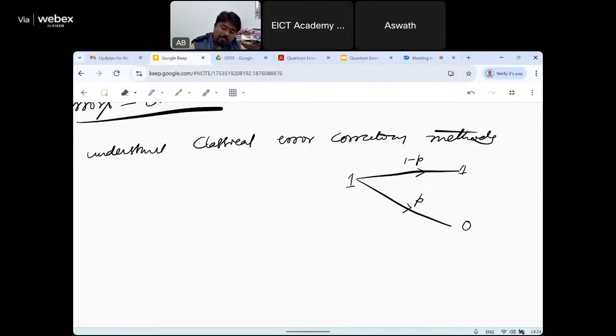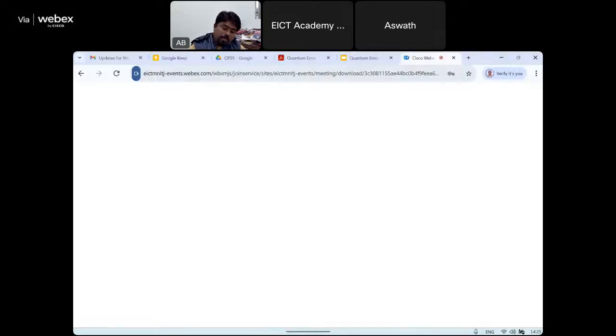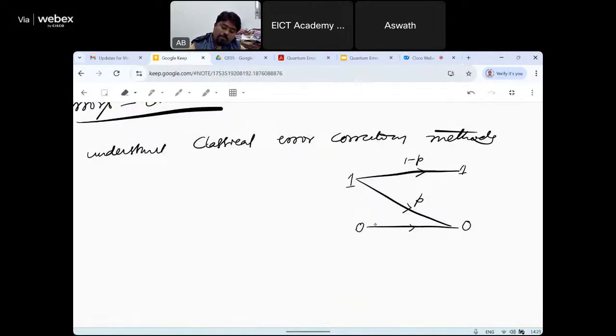Let's say I have a 0 in some other location. It remains 0 with some probability, and it flips to 1 with probability p. Just like the 1 bit is flipping, the 0 bit also flips the same way. The flipping is always the same, whether it is high to low or low to high.